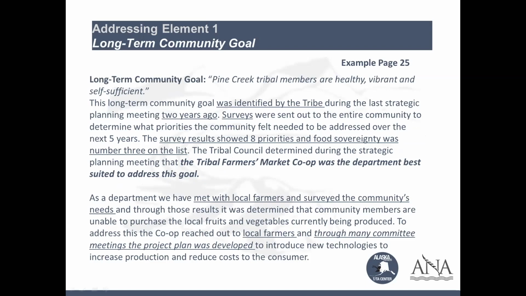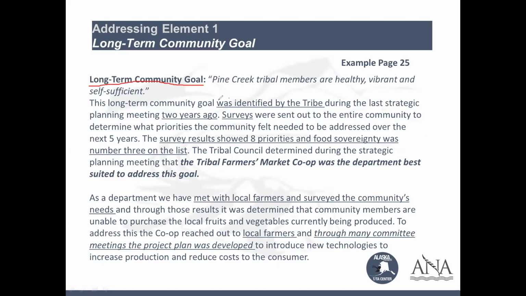So as you can see, we have called out the long-term community goal and then written it. Pine Creek tribal members are healthy, vibrant, and self-sufficient.